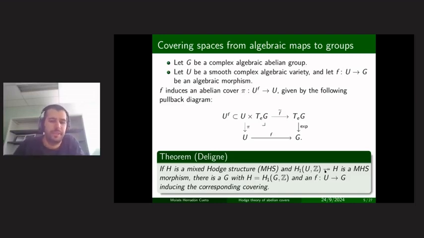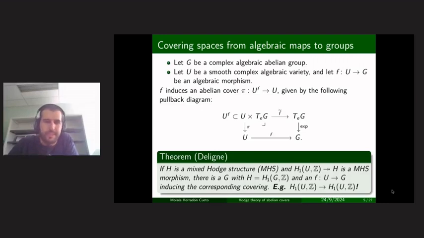Whenever you have a mixed Hodge structure quotient, you get a group variety G and a map. Whatever mixed Hodge structures are, if you don't know the definition, it doesn't matter really. I just want to point out that the identity is a morphism of mixed Hodge structures. This will give you the biggest possible cover with this free abelian deck group. So at least for any variety, the universal free abelian cover shows up this way, which is nice. We're not studying the empty set.